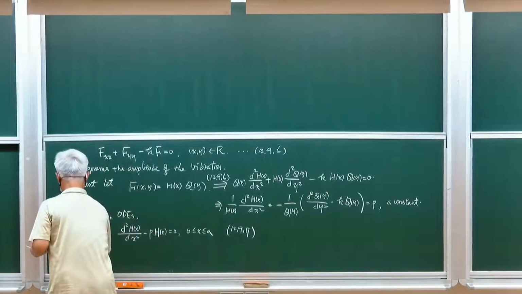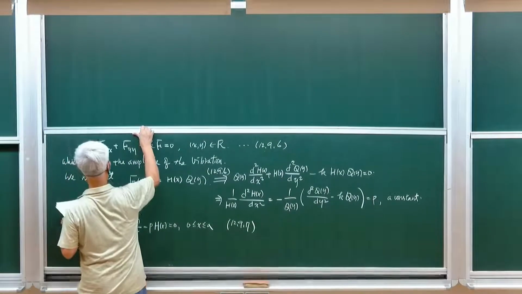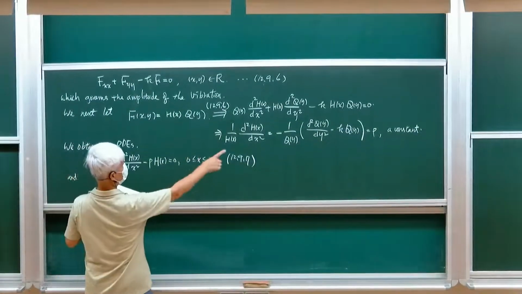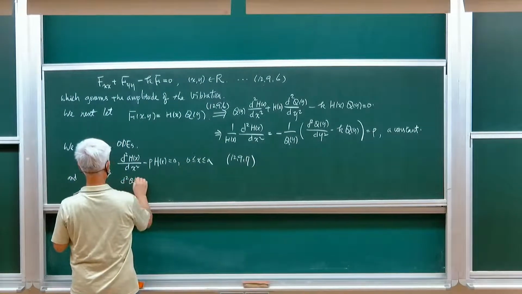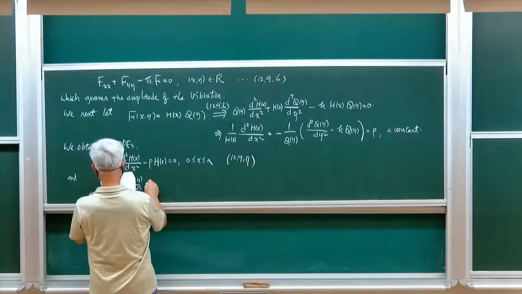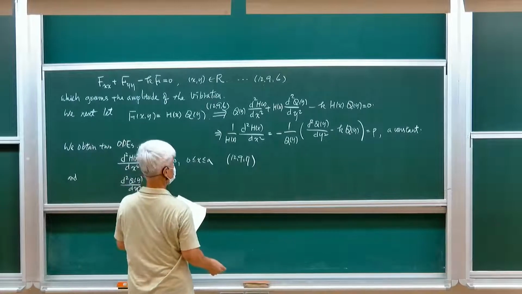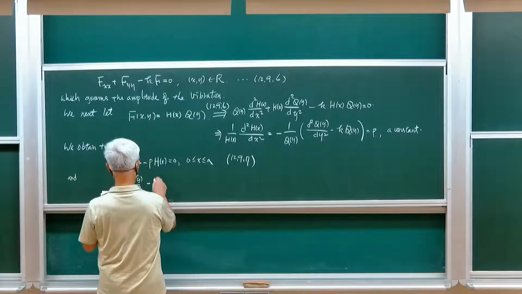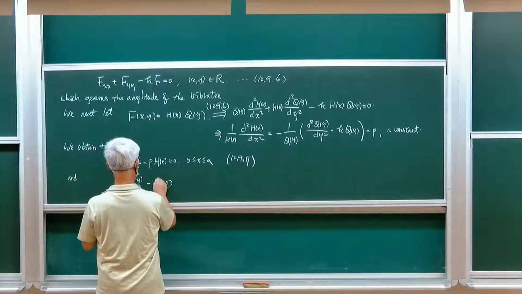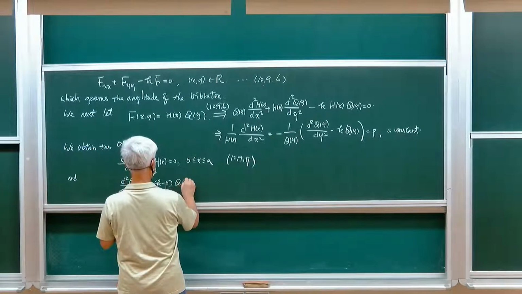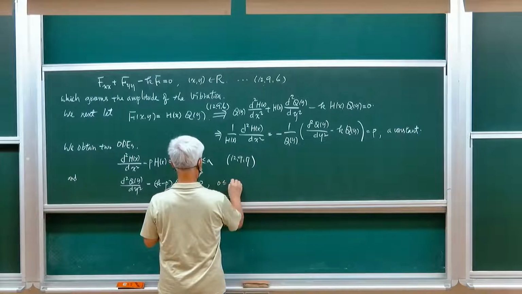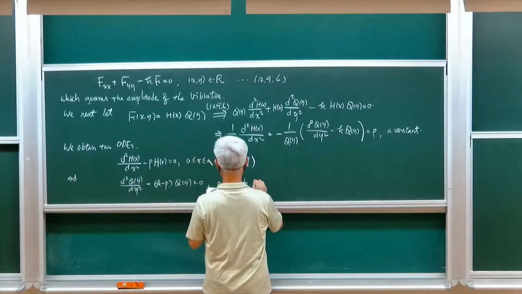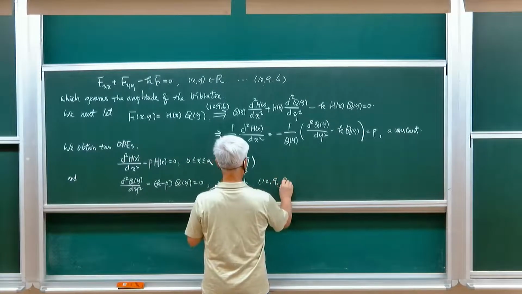And d square Q(y) over dy square, minus k minus p, Q(y) equal to 0, and this is 12.8.